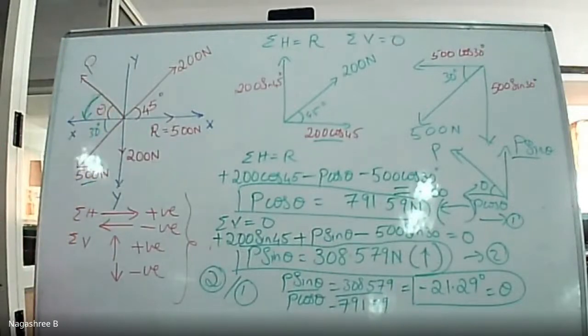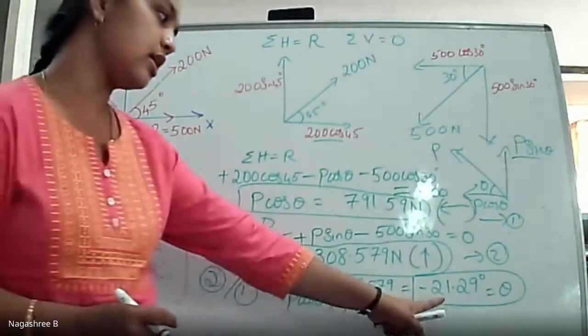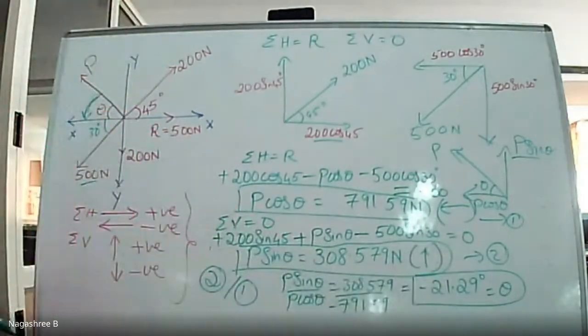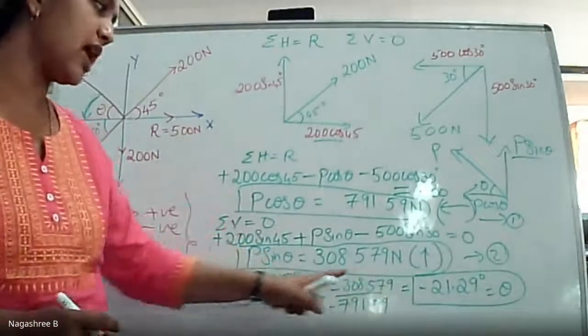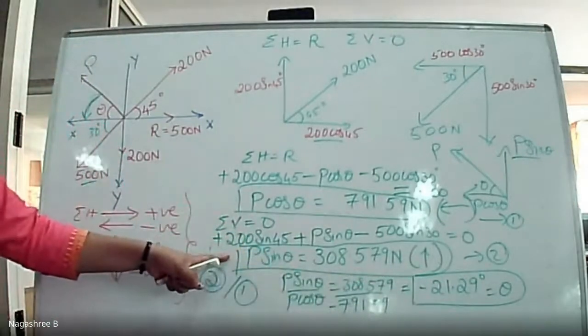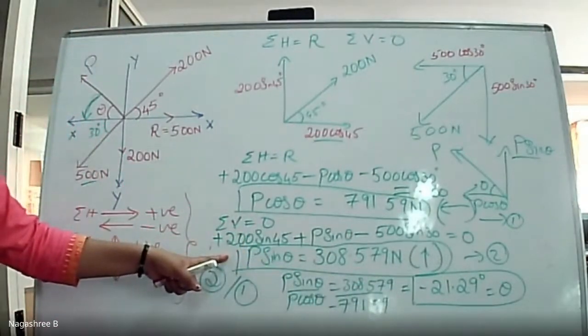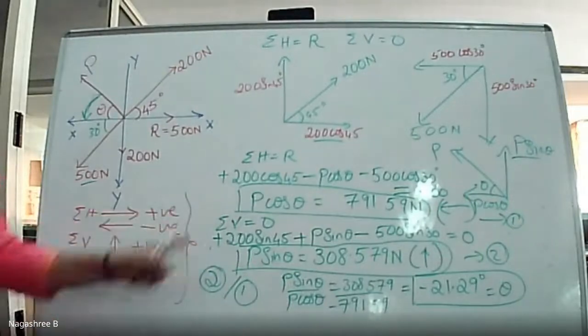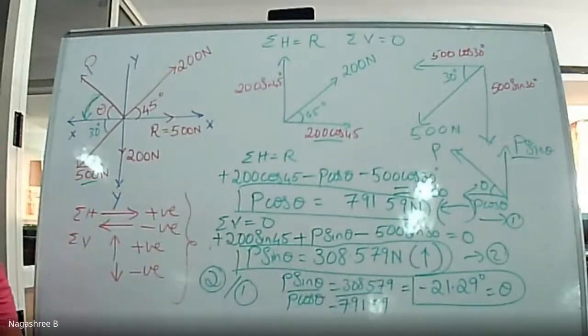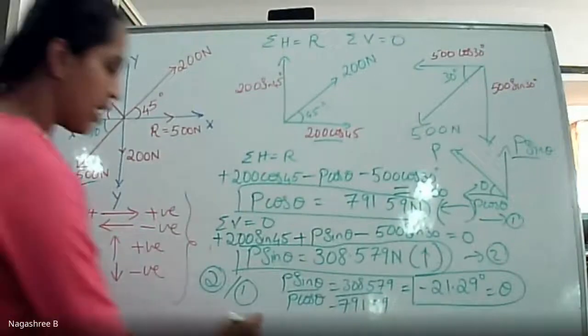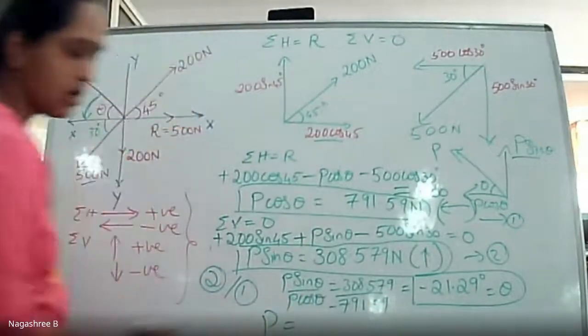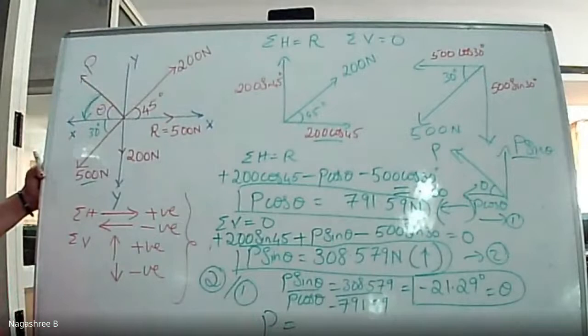So next is to find out the value of P. As I know the value of theta here as 21.29, if I substitute that value of theta in either P sine theta or P cos theta and equate to the value I have got, after simplification I'll get the value of P.